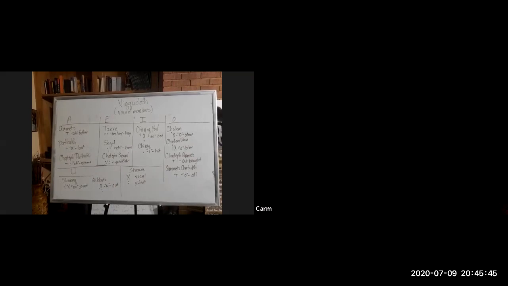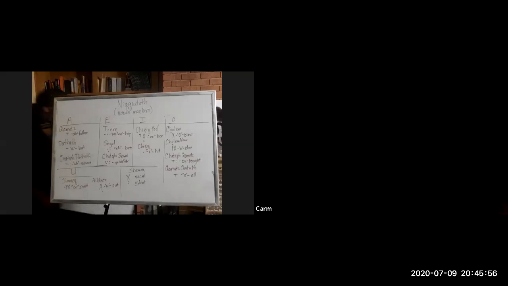Nikudot. Let's go. This is your vowel markers, your vowel markings. These are those dots that were under the words that we were writing out. I'll use this as my example board.